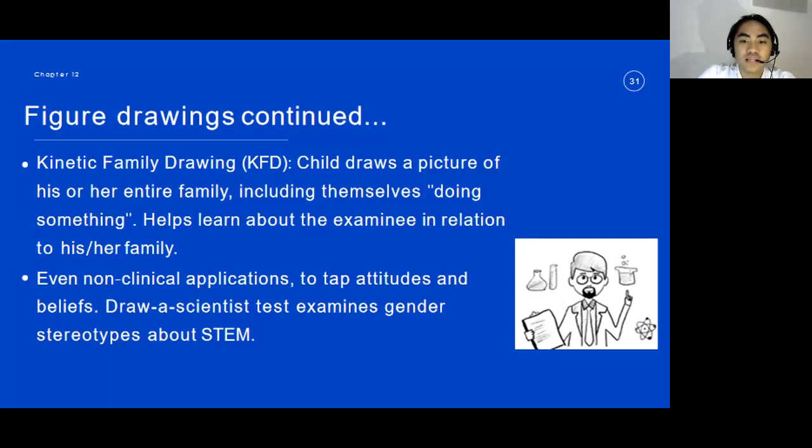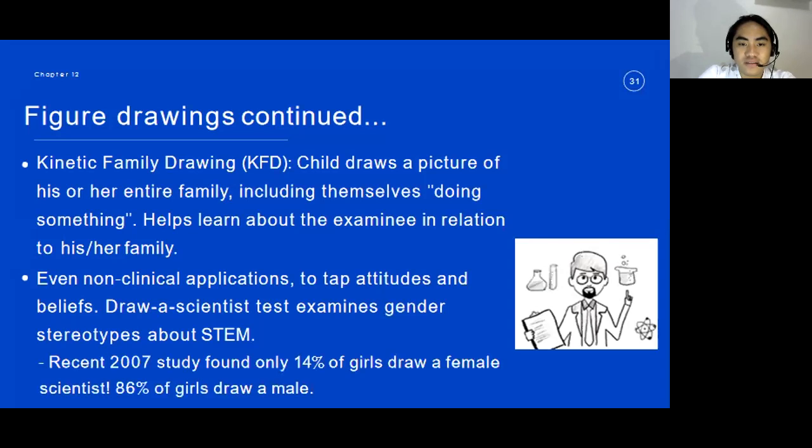Almost exclusively, what they get is a white male scientist. A 2007 study found only 14% of girls draw a female scientist. 86% of girls draw a male. So that will give you some insight into attitudes towards science.